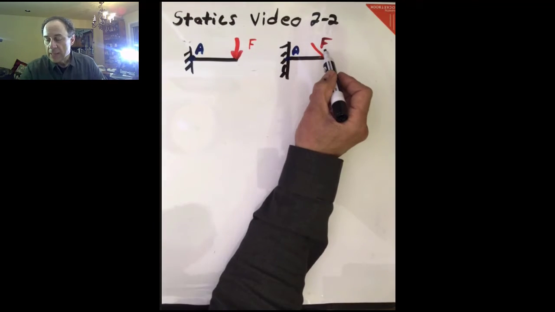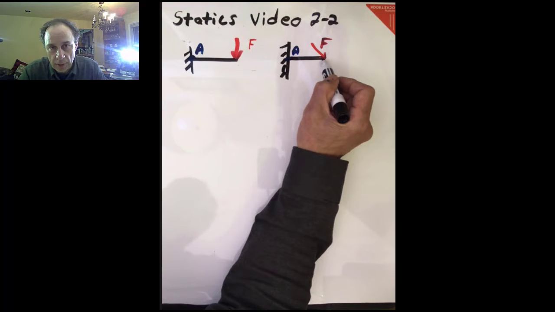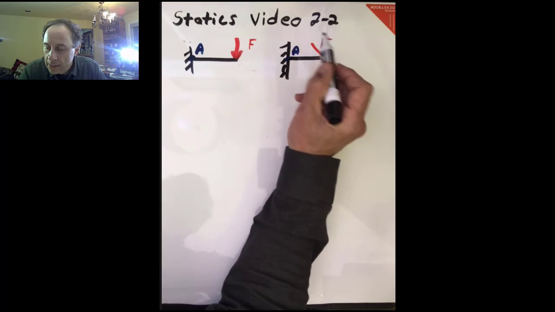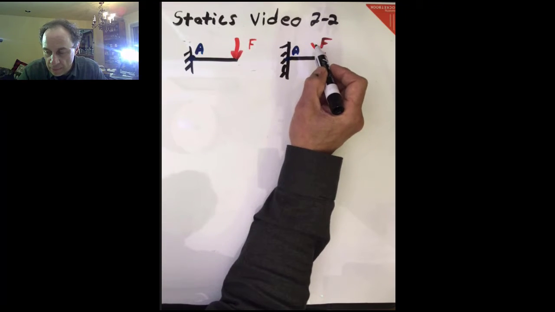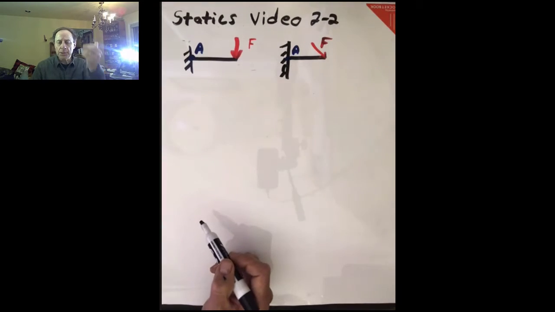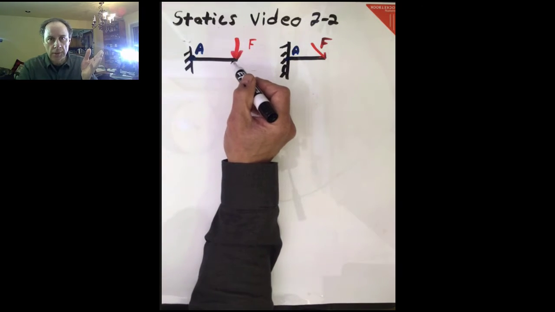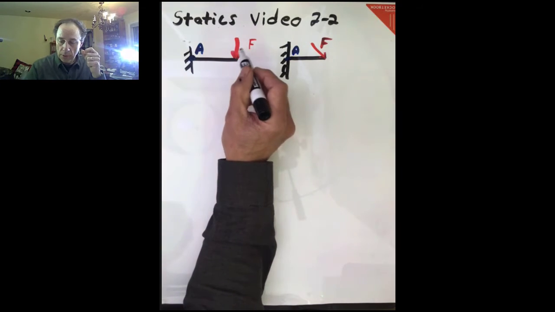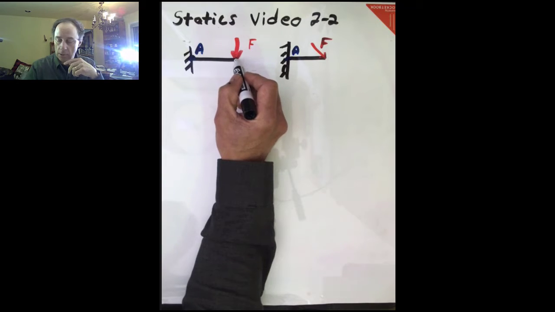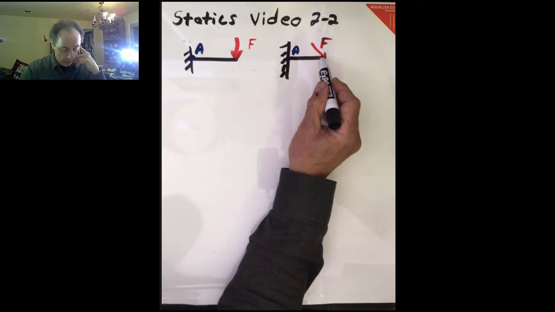But here, F is not perpendicular to the beam, so the length of the beam is not the moment arm. Remember, it's the perpendicular distance from the force to the point of interest. In addition, the beam, in terms of just opposing forces, has to react to just a vertical force here, whereas here it has to react to both a vertical and a horizontal force.